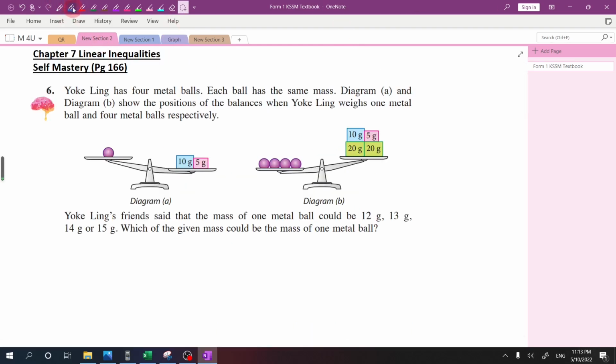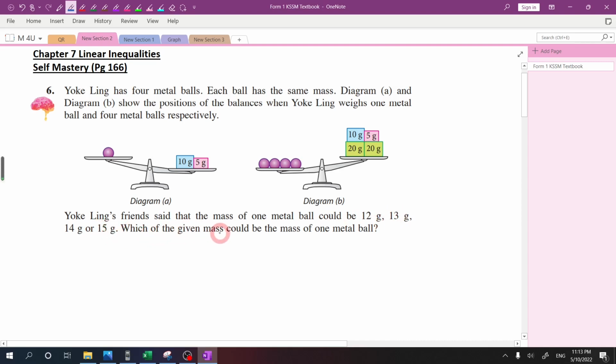Okay, now let's go back to these few questions that I have taken from your textbook. Yokeling has 4 metal balls. Each ball has the same mass. Diagram A and diagram B show the positions of the balances when Yokeling weighs 1 metal ball and 4 metal balls respectively. Yokeling's friends said that the mass of 1 metal ball could be 12 gram, 13 gram, 14 gram, or 15 gram.